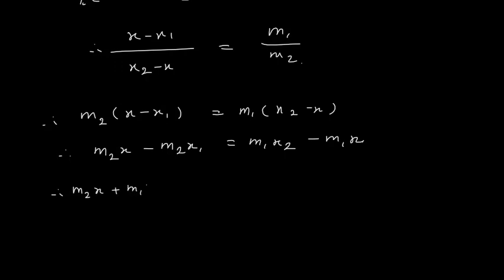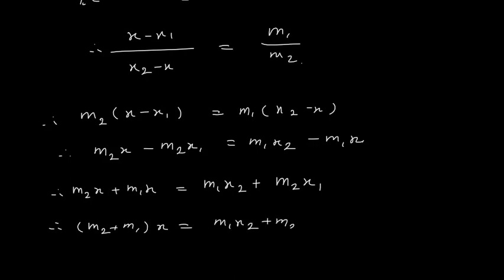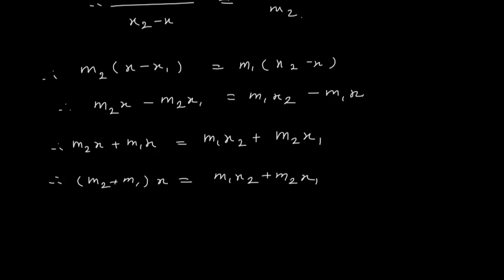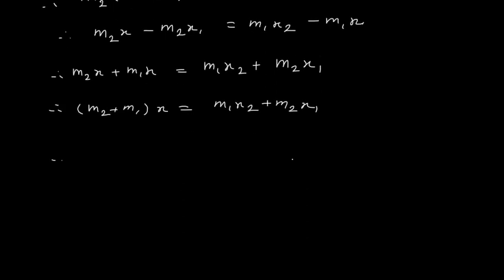Now I will bring this x on one side, so therefore I have M2x plus M1x is equals to M1x2 plus M2x1. So therefore here I will take this x common, so it is M2 plus M1 times x is equals to M1x2 plus M2x1.